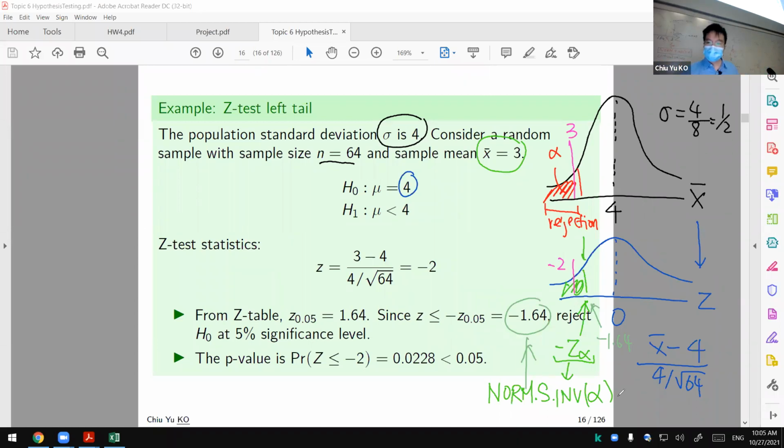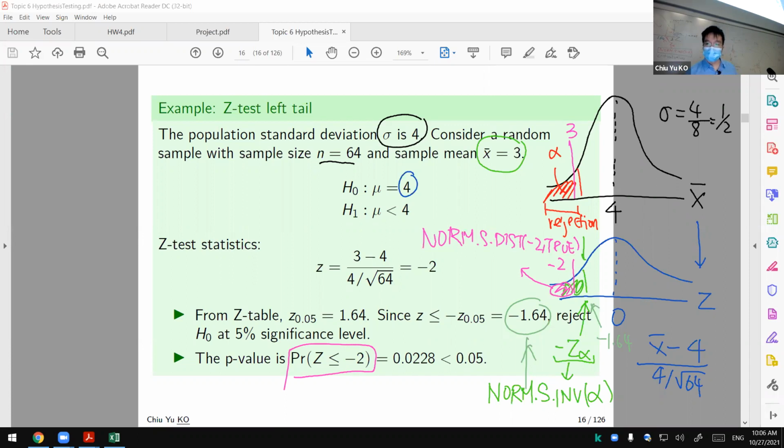Or you can calculate the area of -2. How to calculate this value? It will be norm of this -2, right? Because it's less than or equal to -2.